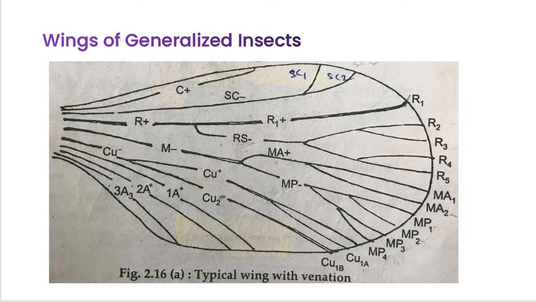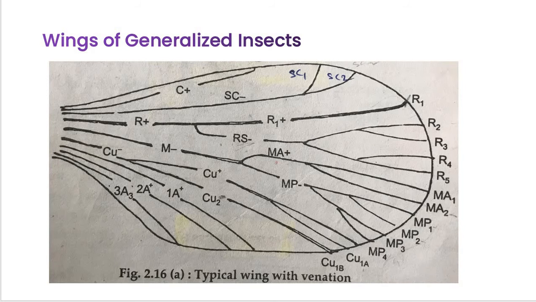The first one is the flexion line, along which the bending of the wing occurs in flight, and the second is the fold line, along which the wing folds during the time of rest.